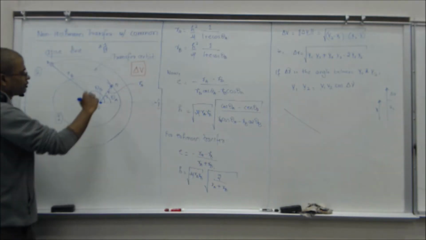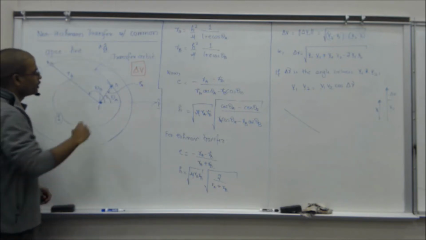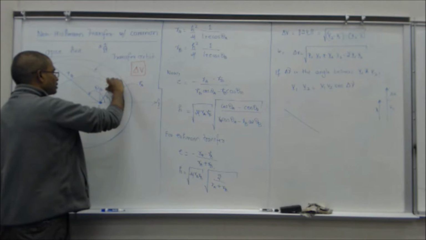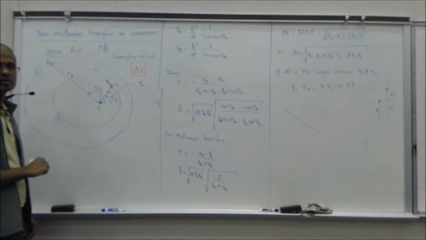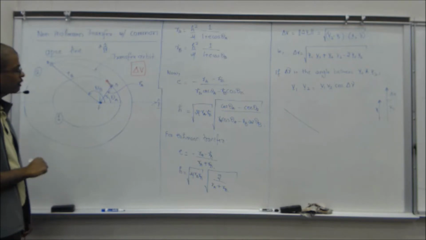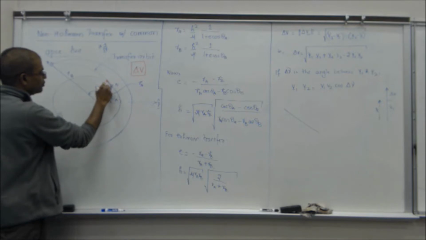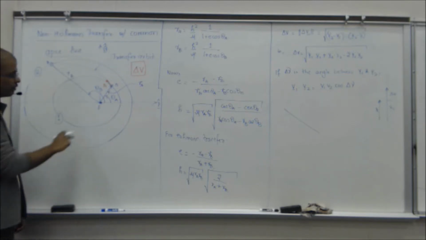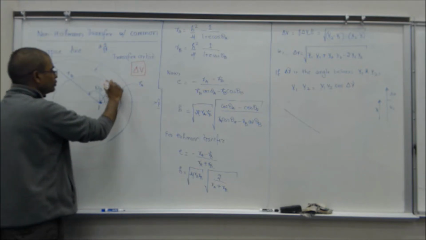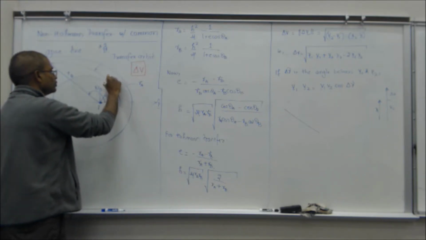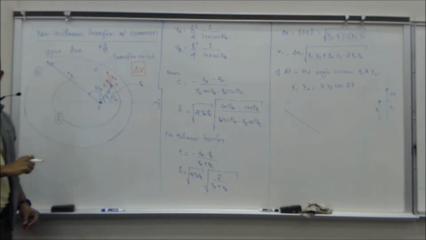Try to understand here, V1 would be something like this, okay? V1 corresponds to which orbit? V1 corresponds to the first orbit, okay? V2 would be something like this, right?